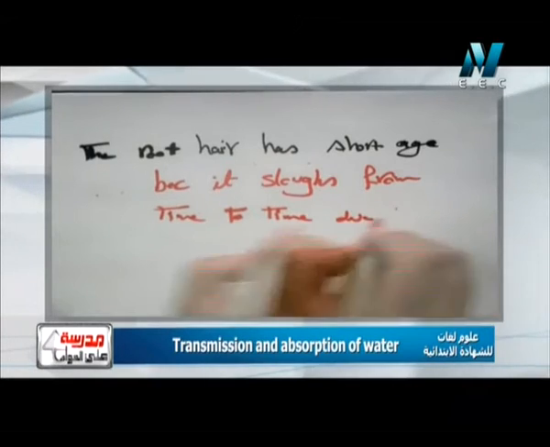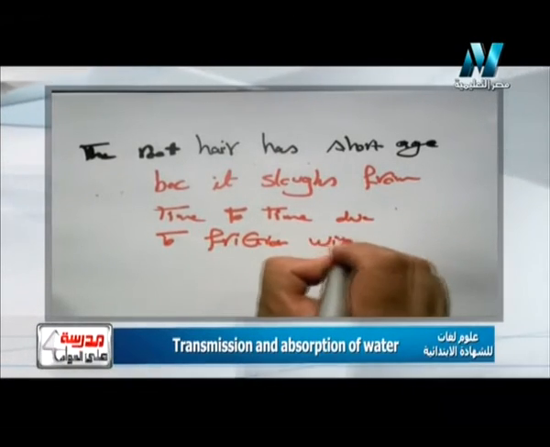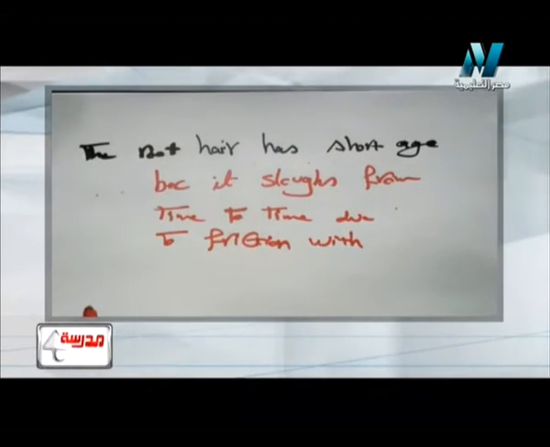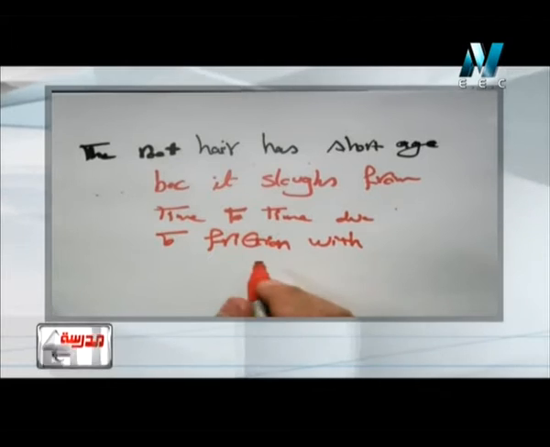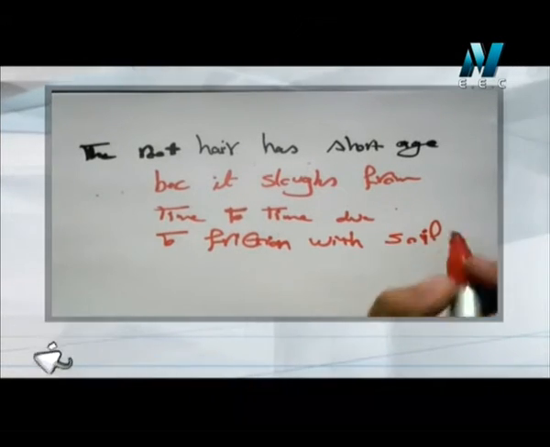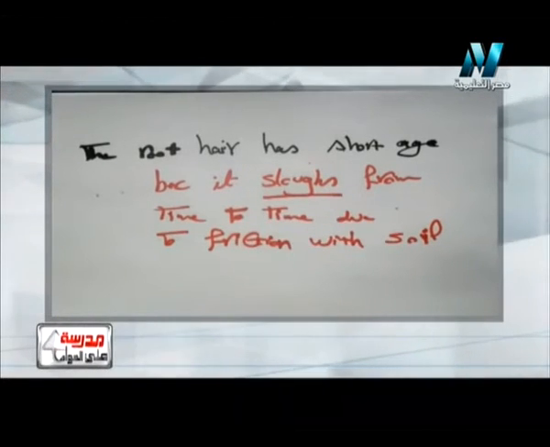Due to friction with the soil. It's vulnerable, and it renews itself from time to time. Fragile. So due to the friction with the soil, it sloughs, and it has a short age for this reason.